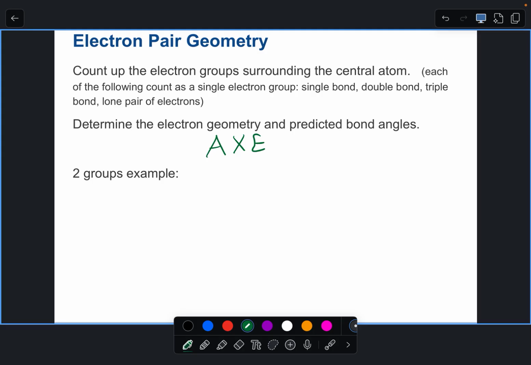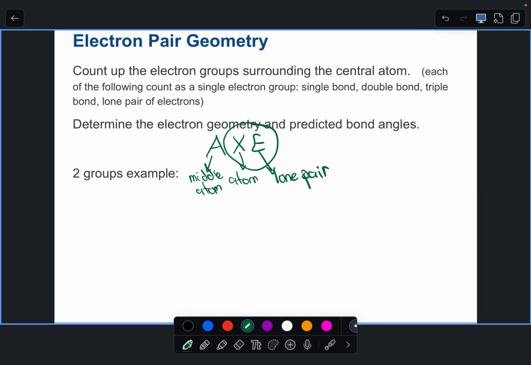All we're talking about is X is how many atoms there are surrounding that middle. The A is the middle atom. And then X and E are the atoms that are surrounding it and the lone pairs that are surrounding it, okay? So if you need to connect this back to lab, or if you're confused by what's going on in lab, this might be helpful for that.